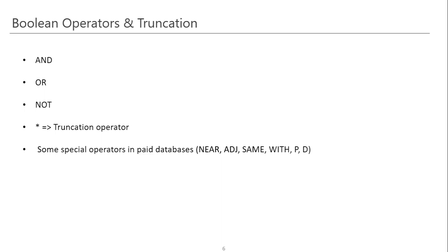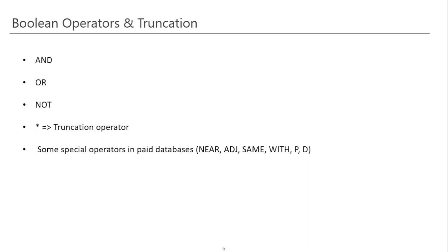Then there are a variety of special operators which are only available in paid databases, like I have mentioned here: NEAR, ADJ, SAME, WITH, P and D. Most of these paid databases have these very useful Boolean operators, and this is the reason they are paid databases.